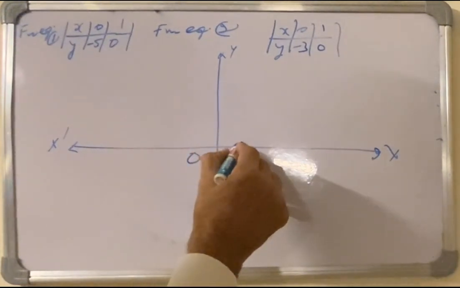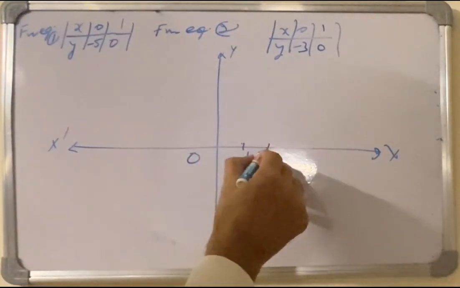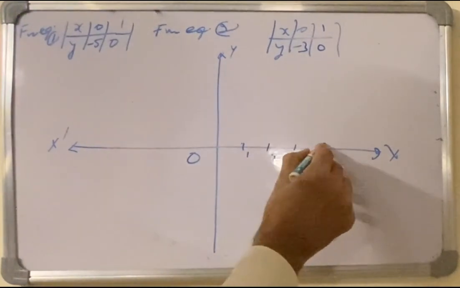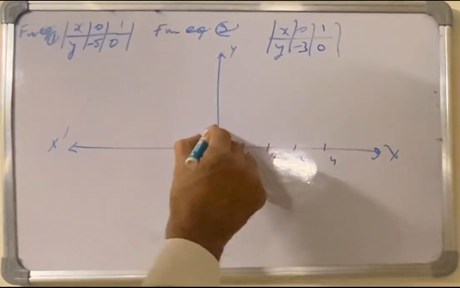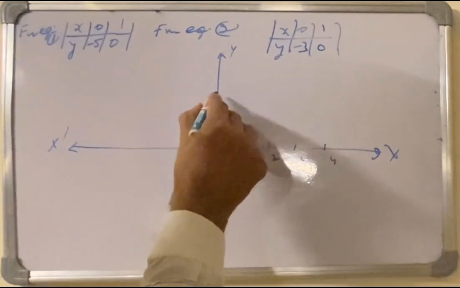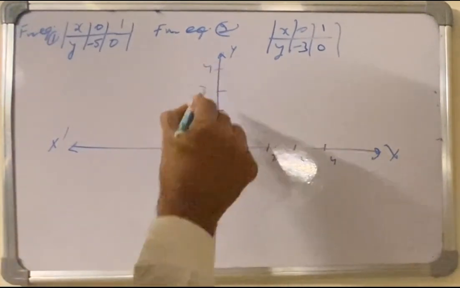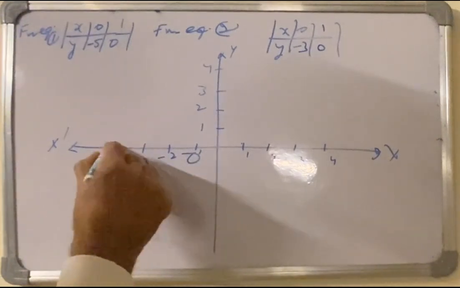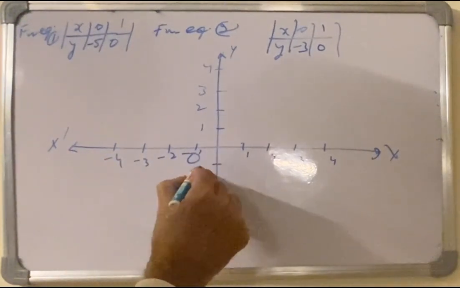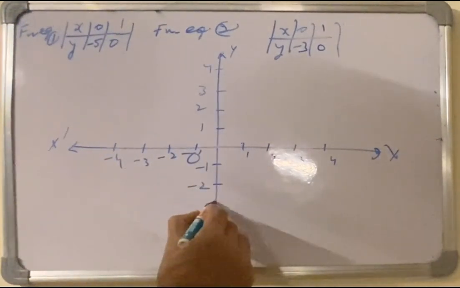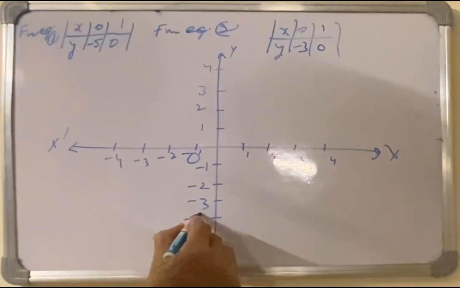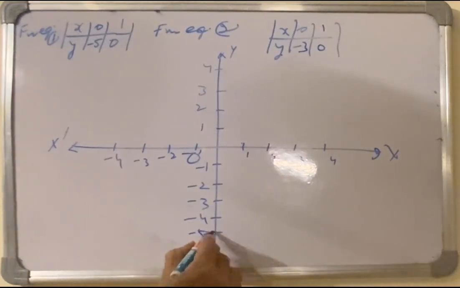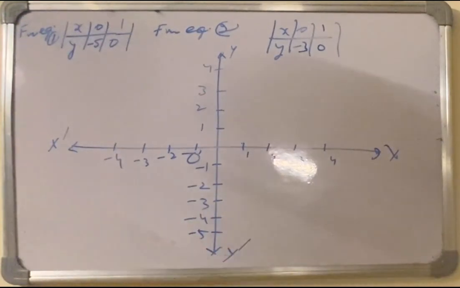We can find this 1, 2, 3, 4, 1, 2, 3, 4, minus 1, minus 2, minus 3, minus 4. Similarly, minus 1, -2, -3, -4, -5. This is y dash.